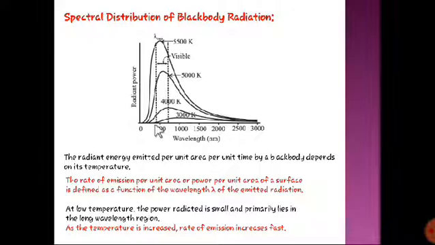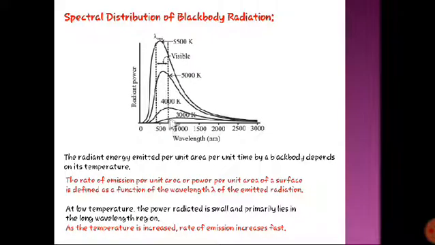So what happens? This curve you can observe. This is the curve showing the different wavelengths it is giving at a temperature of 3000 Kelvin, and the energy at 500 is this much, energy at 1000 is this much, at 1500 this, at 2000 it is this.